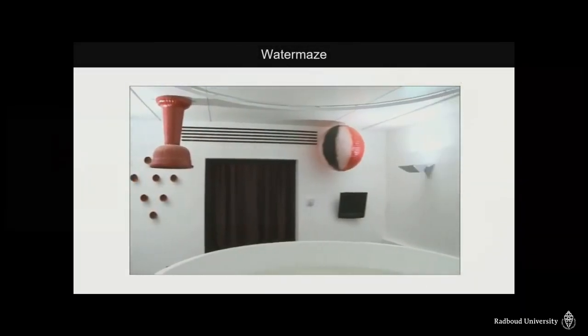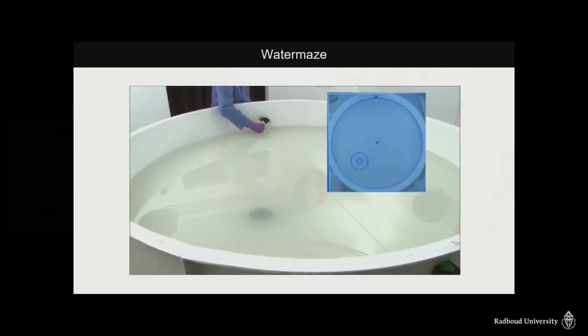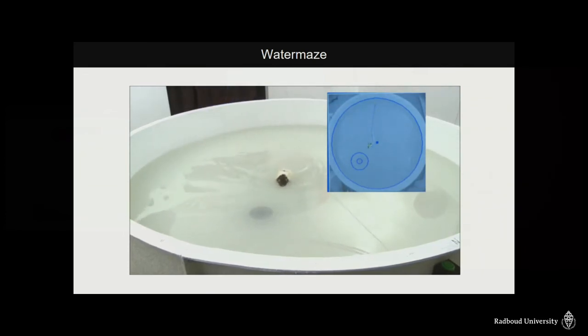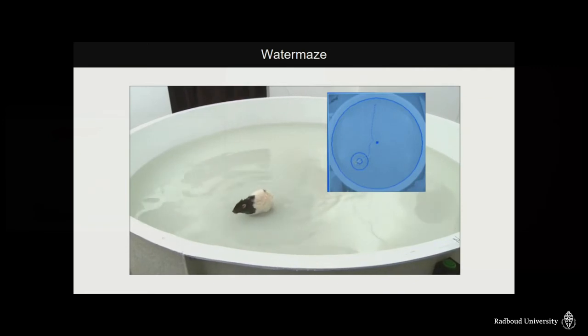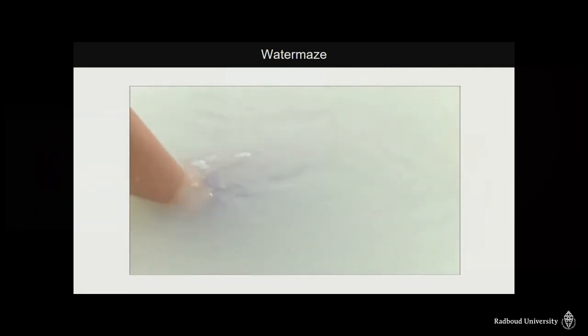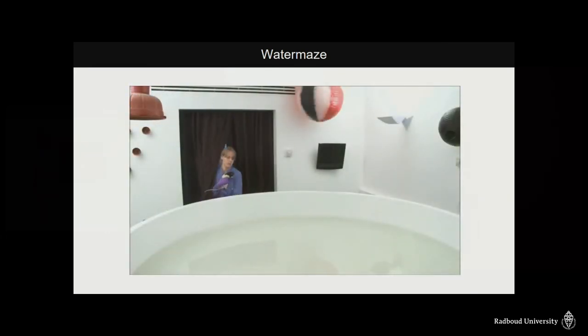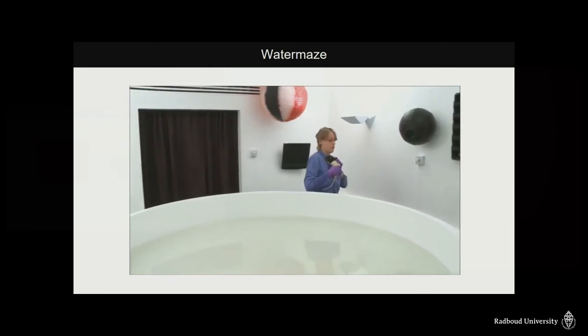Now another task you could use with rodents, a very famous task, is the water maze. The water maze was invented by Richard Morris, also known as the Morris water maze task. And this is in Edinburgh, because I used to be in Richard's lab. And you can see the rats, they learn to go to this platform which you can't see, and then we can make it disappear because with magnets it stays now on the bottom, and so we can now test his memory.